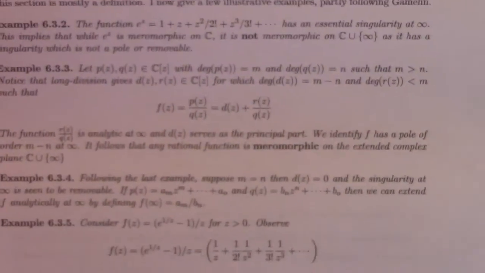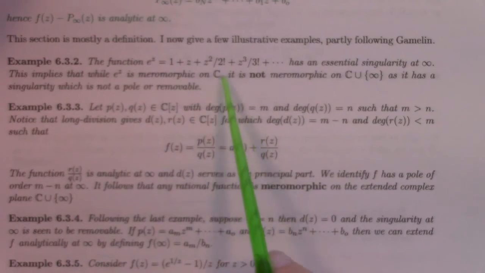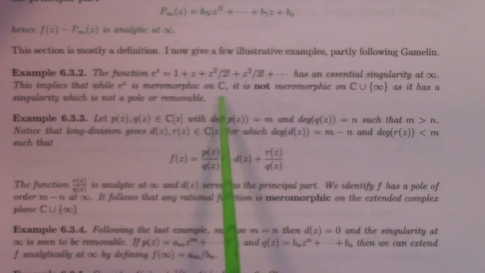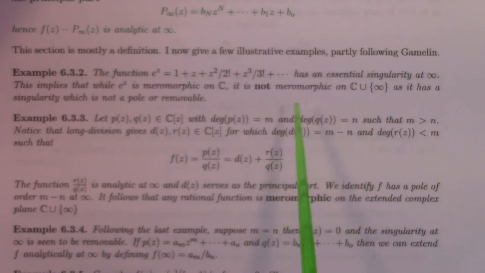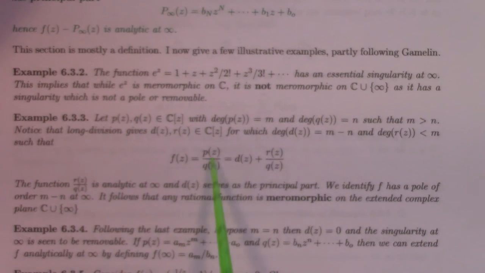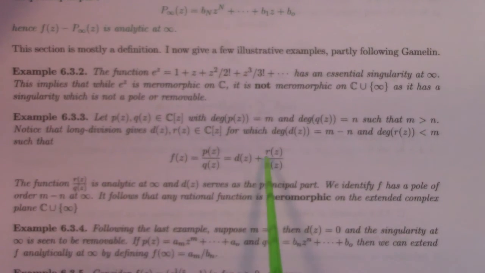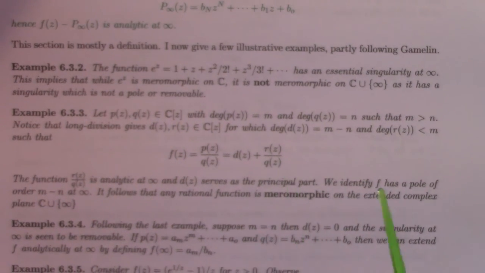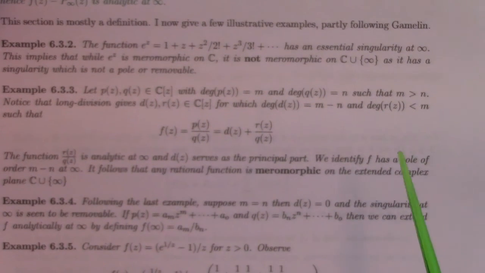Here are some examples. e to the z has an essential singularity at infinity. e to the z is meromorphic on C, but not on the extended complex plane. But again, with any rational function, you can do long division and rewrite it as a sum of a polynomial plus a proper rational function, where the denominator has the larger degree.